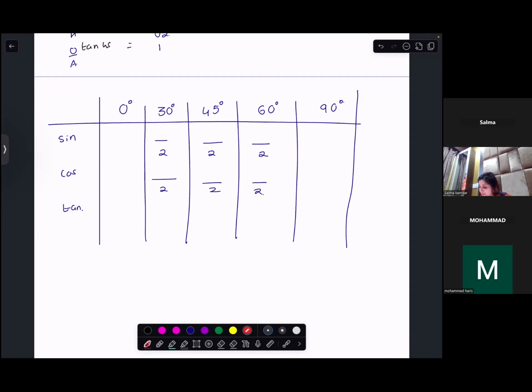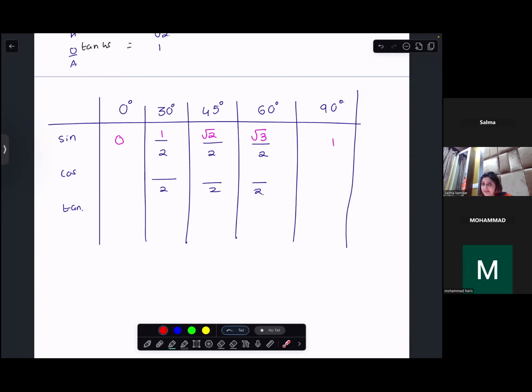Now this is the way to memorize it. For sine 30, 45, and 60, you're going to write 1, root 2, root 3, and this would be 1 and 0. What did we do?